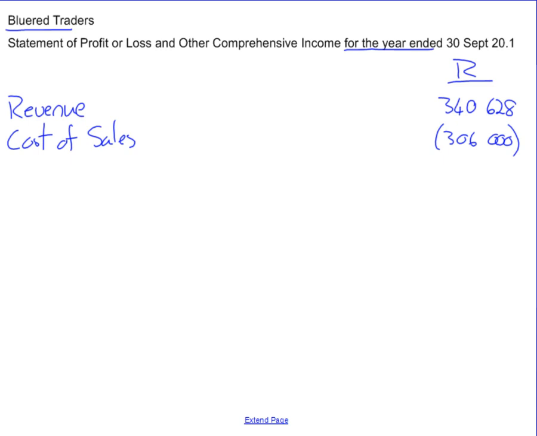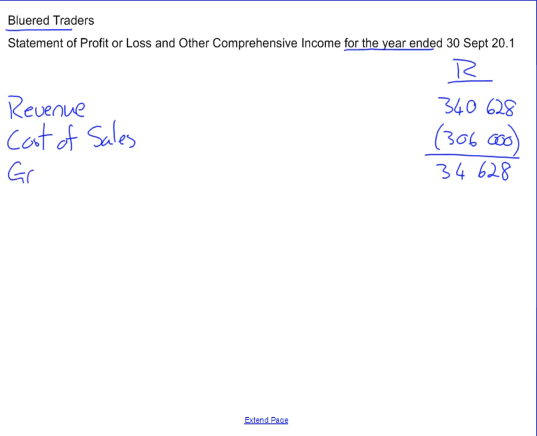I'm going to work this out as if we had no previous workings in journals, because once you get good at the journals and the general ledger, you should know what you need to do, and you could come straight to the statements of profit and loss. And then the gross profit is 34,628, and you will recognize that figure from the trading account, your GP that you took to the profit and loss account.